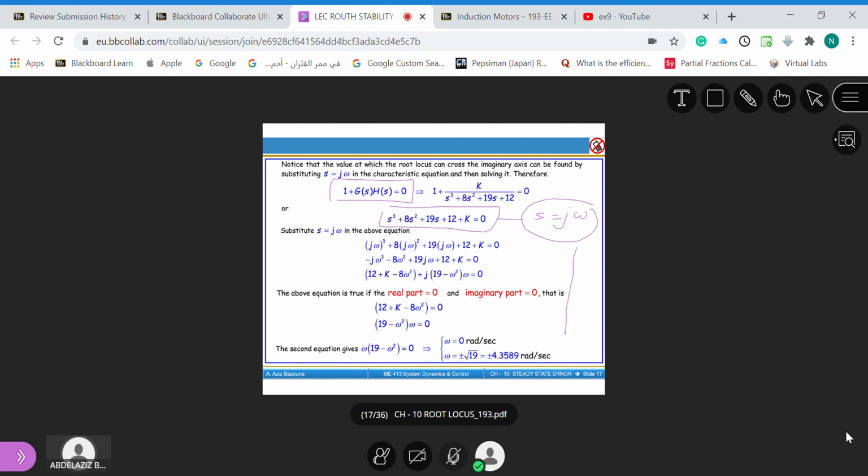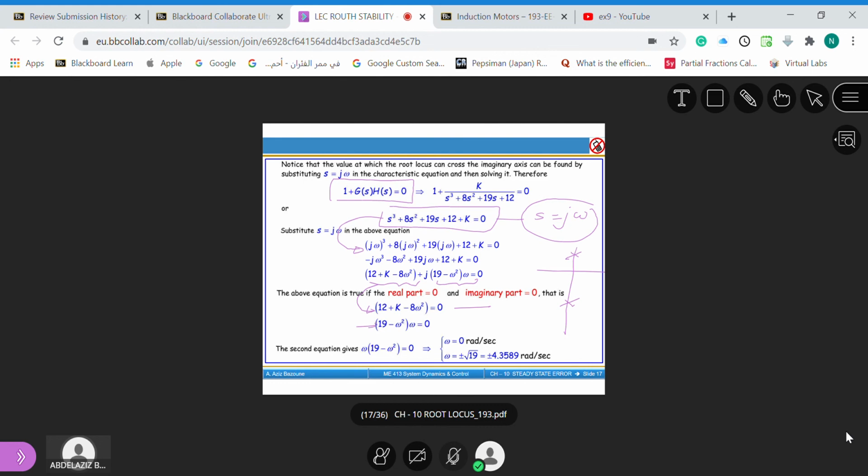When it crosses the imaginary axis, s will be equal to j omega. If you substitute, you will get two equations. One is the real part, and the other one is the imaginary part. So the real part will be equal to 0, and the imaginary part will be equal to 0.